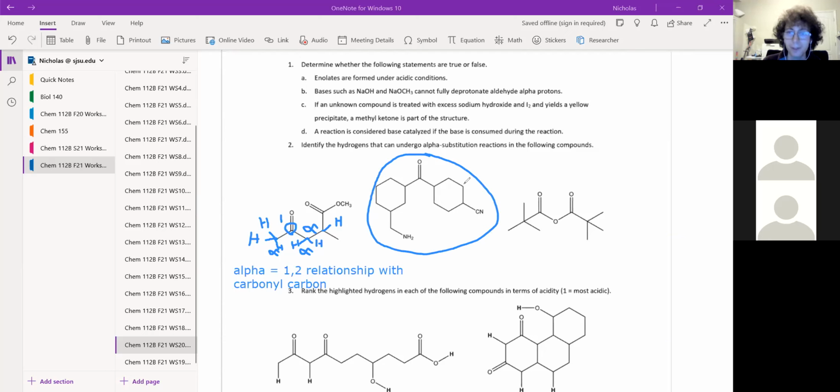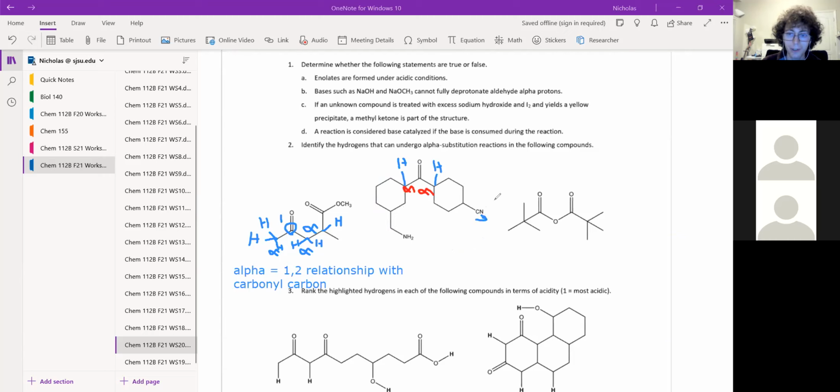So yeah, those are the clear ones because they're both alpha to the ketone. Amines are a functional group, but there's nothing special about the alpha hydrogens next to an amine. It doesn't really affect it in any way.